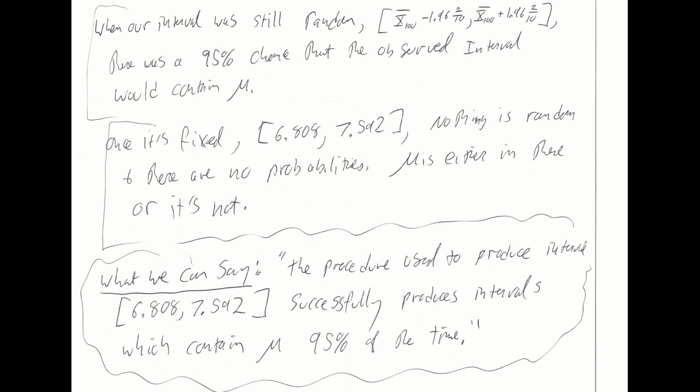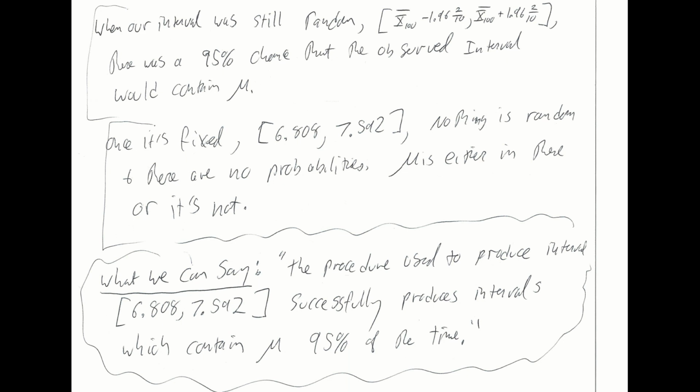I cannot say specifically there's a 95% chance that population mean is between 6.808 and 7.592. That is not correct. Population mean is either between those numbers or it's not. It's not random. There is no probability associated with it showing up in that interval or not.